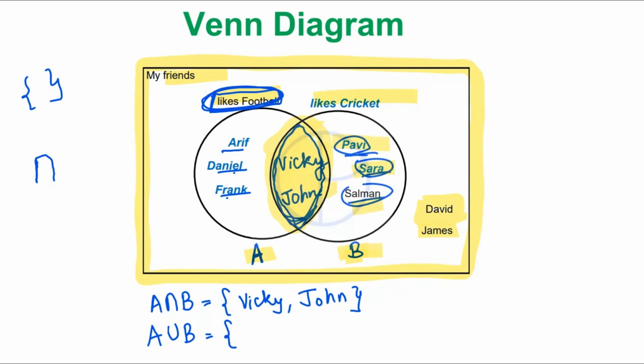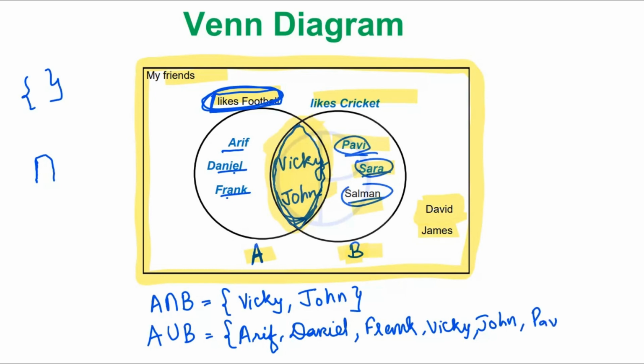So we are just going to make one big set. A union B would be Arif, Daniel, Frank, Vicky, John, Pavi, Zara, and Salman.